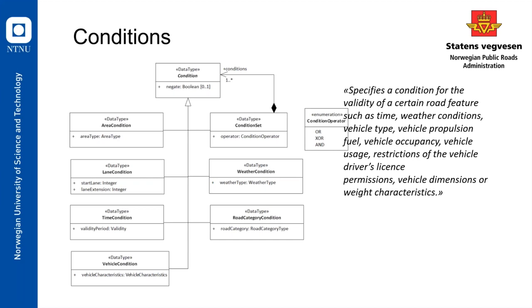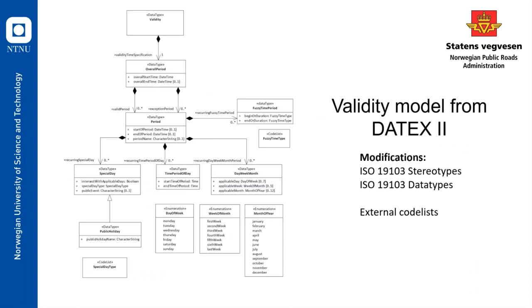And DATEX II has defined a validity model that describes the validity of some event that is provided by DATEX. So what we did was to include that model in the specification. We did some slight modifications on it.